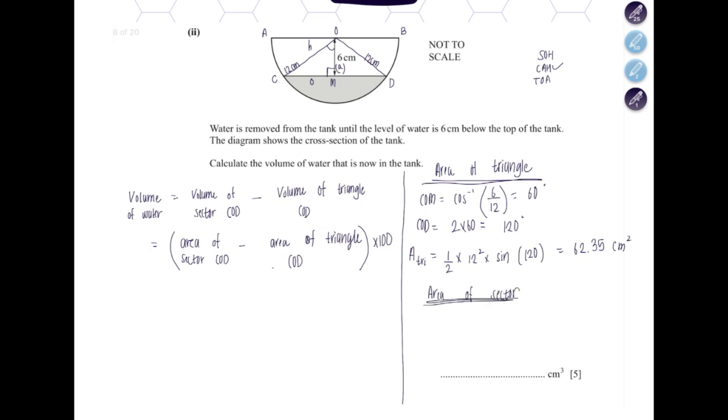Now we can find the area of the sector. Area of sector will be 120 divided by 360 multiplied by pi times 12 squared. So calculate that.